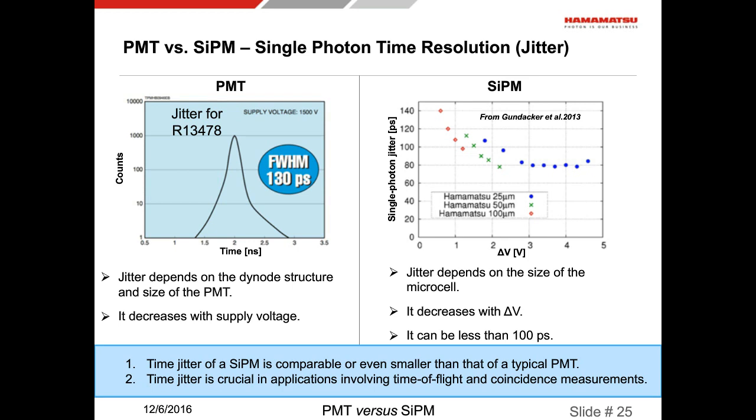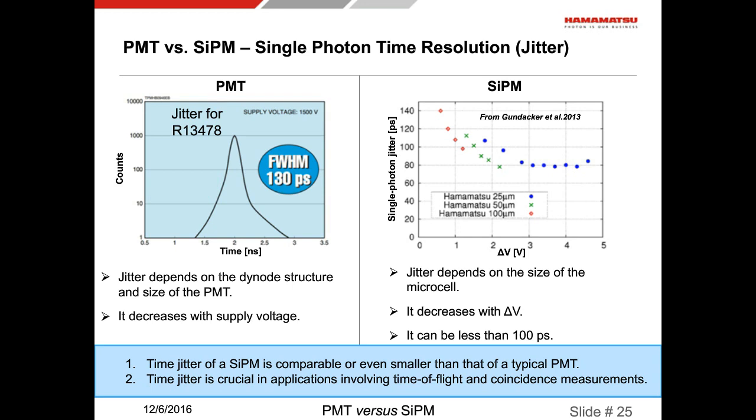In this case, jitter would be equal to 0. However, the world is not ideal, and thus there will be variation in transit time. That variation is what we call jitter. And this property is very important in applications, again, that depend on timing, like LIDAR, for example, or PET.